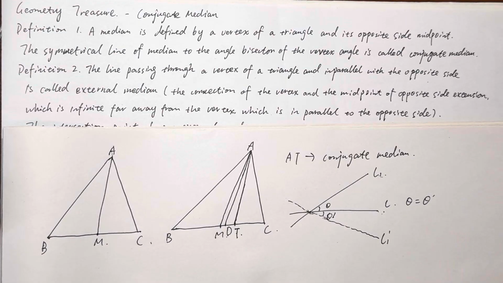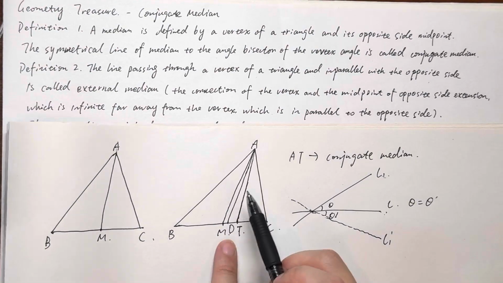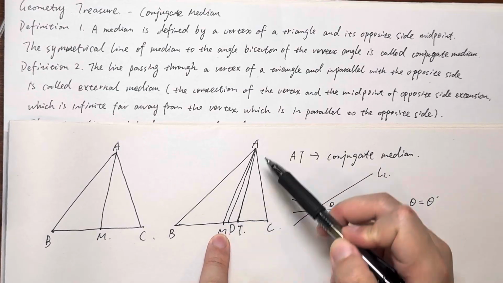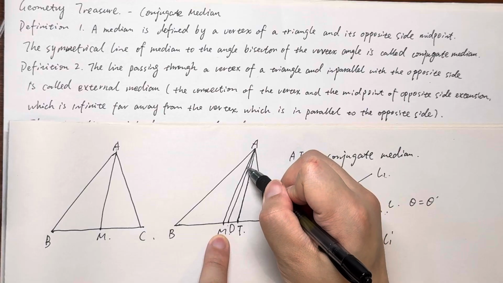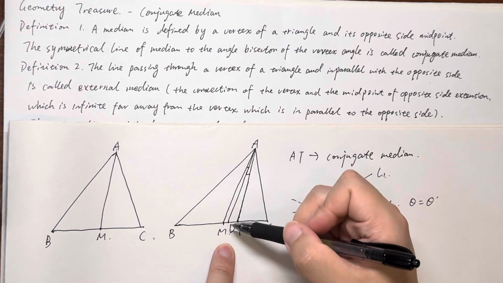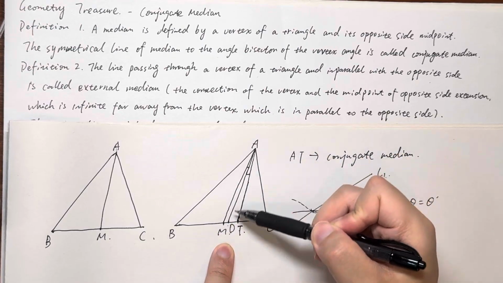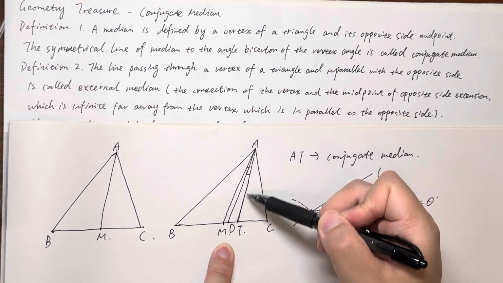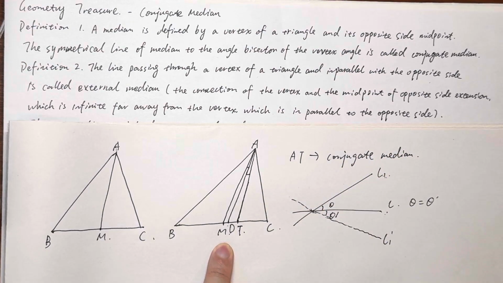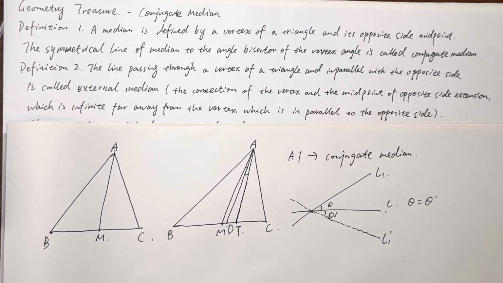That's a symmetrical line. So now we know we have a median here, we have the angle bisector AD here, then we just find the equal angle of MAD that equals angle DAT. Then we know that AT is a conjugate median. That's the definition, we just accept it.